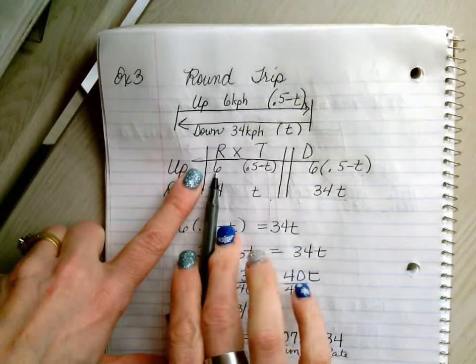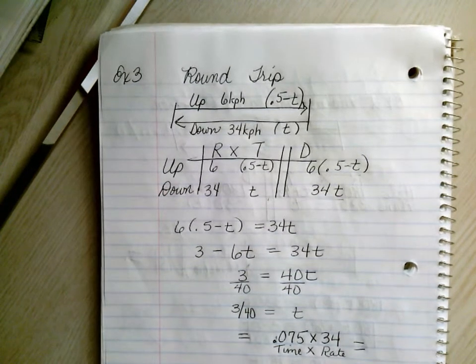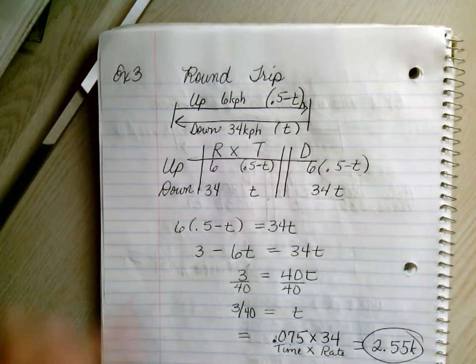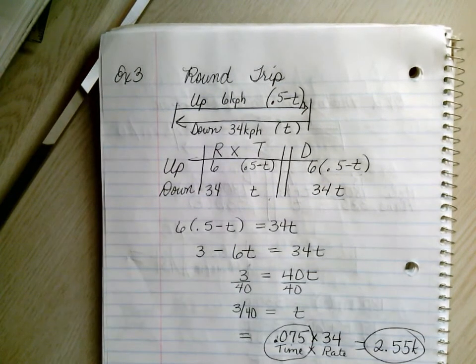You could have done it up here too, but I just think this is easier. And you end up with the distance traveled from top to bottom: 2.55 kilometers. And that, my friends, is how far she skied. This is how long it took her to ski.